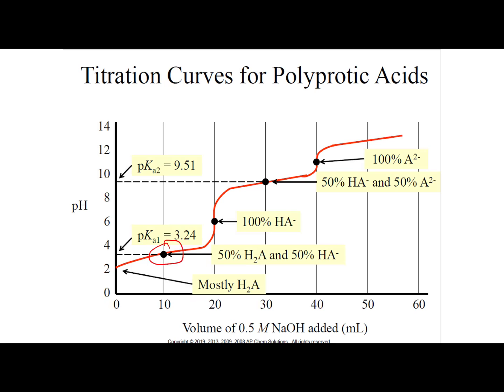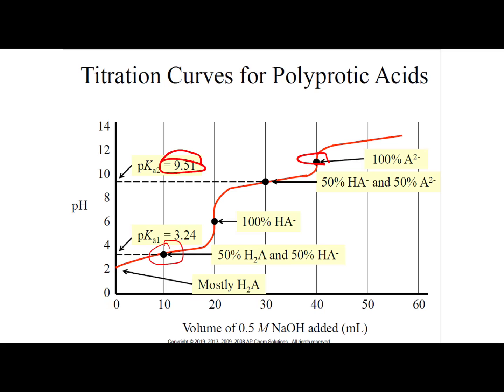At the second half equivalence point, A2 minus, HA minus, and Na plus are going to have the highest concentrations, and also some OH minus since the pH is 9.51. At the second equivalence point, you'll have all A2 minus.